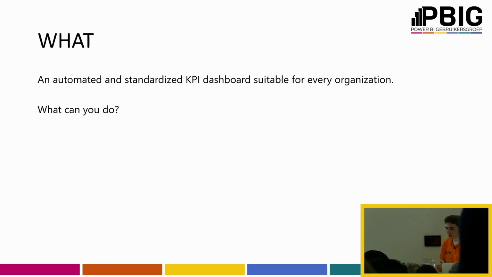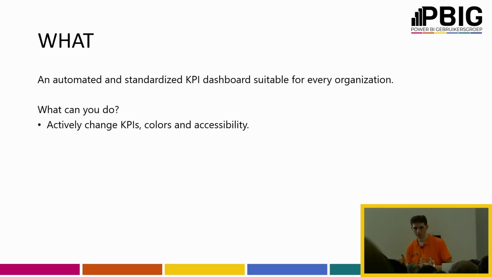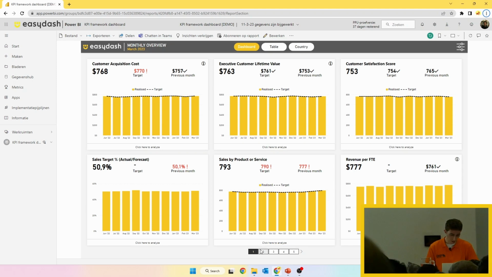Okay, what can we do? Let's get more into practice. We start with actively change KPIs, colors, and accessibility. You already saw the changing between the KPIs by switching the page in the bottom. But the colors are also all automatically formatted.